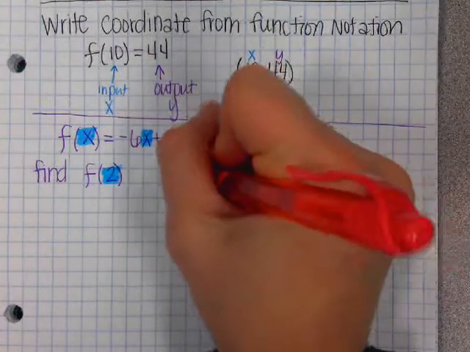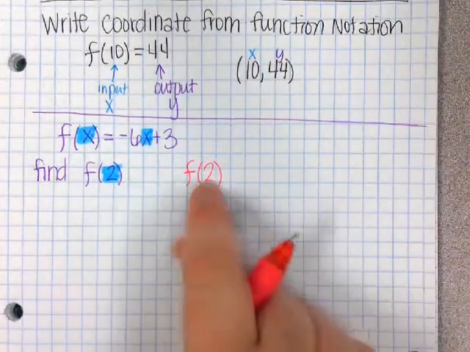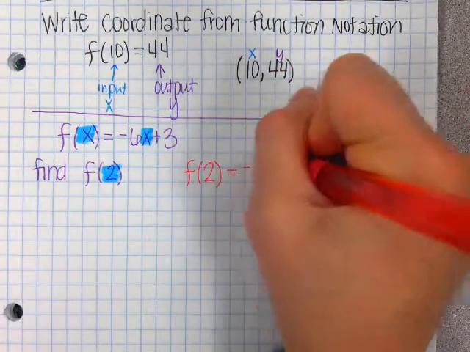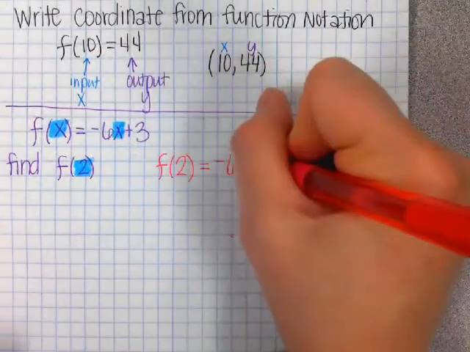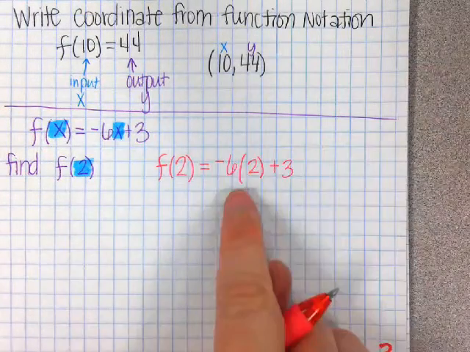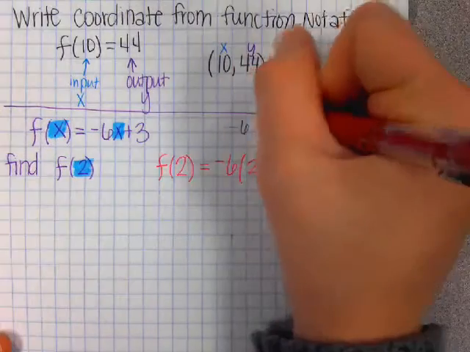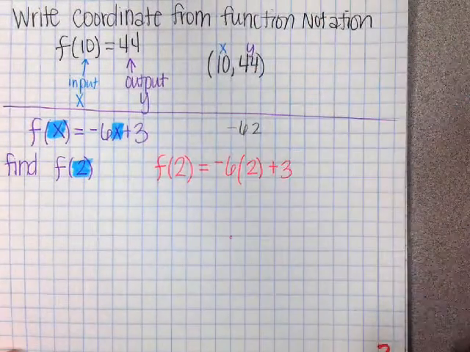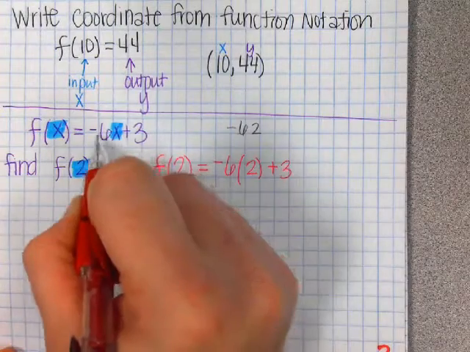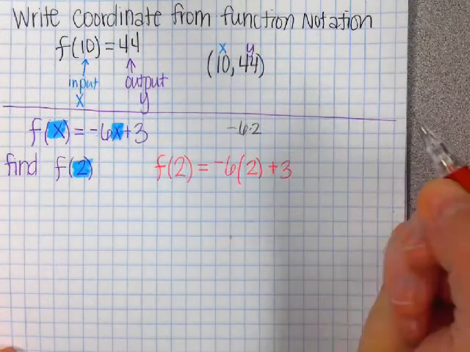So now I'm going to write f of 2, because my input is 2, and then negative 6, my input is 2 as well, plus 3. The reason I always put it in parentheses is that if you wrote it just as a 2, you would probably think that's a negative 62. But remember, negative 6 is multiplying by x.